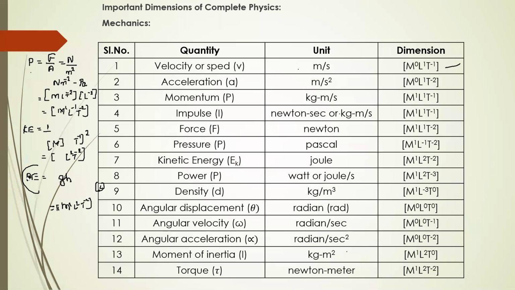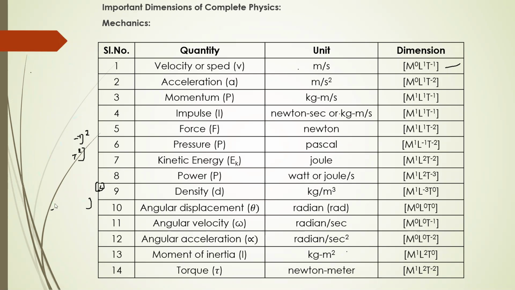Then next, power. So for power, how to write it? See. We write power is equal to work done per unit time.